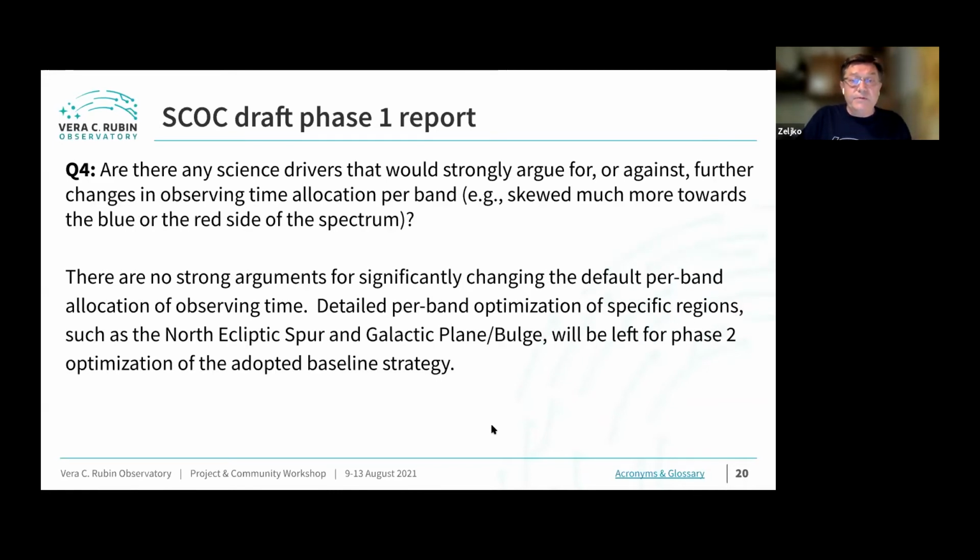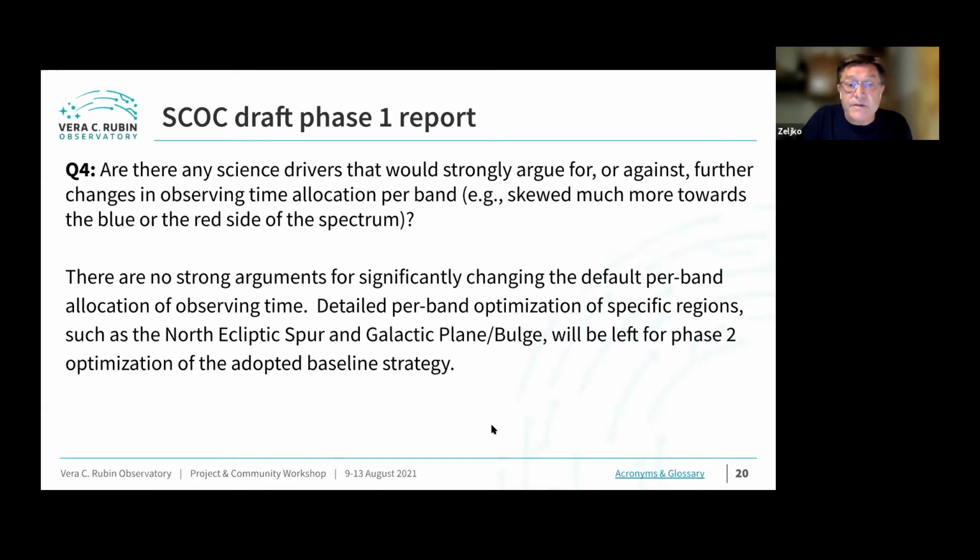Then we also wanted to revisit the fraction of observing time allocated per band. So the total is 825 visits. In U-band, for example, we have 56 visits. In R and I, we have 180 or 230, I forget now. So we need to ask, since that was done 10 years ago or so, do we want to revisit these allocations?